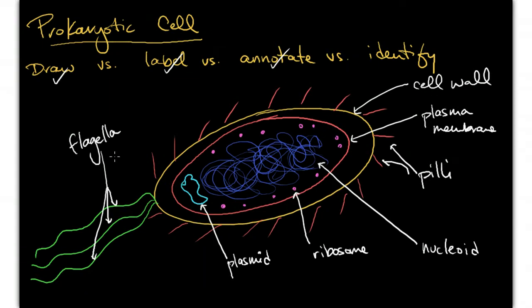And usually what IB is going to be asking you to identify are these structures on an electron micrograph. So you might want to Google and look at some images of electron micrographs of an E. coli to kind of practice a little bit so that you're able to identify these components well.